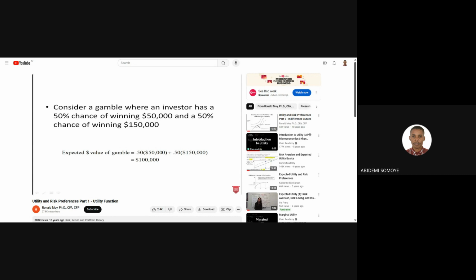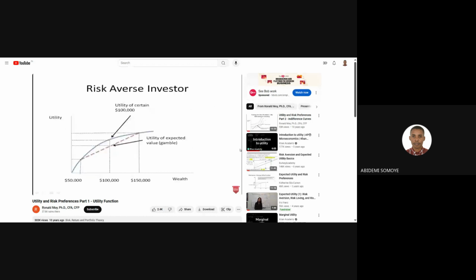So 50% times 50,000 plus 50% times 150,000. So the expected dollar value of the gamble is $100,000. So if we look at a risk-averse investor, this blue line is their utility function.